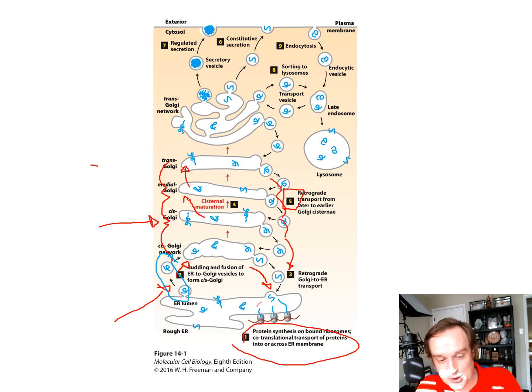Okay, so step 6 here is the constitutive secretion. So once we've got this trans-Golgi network up here, all of our proteins are furthest away from the ER, they're ready to be excreted, and we have constitutive secretion, and this is where we have secretion of soluble proteins and also membrane proteins.